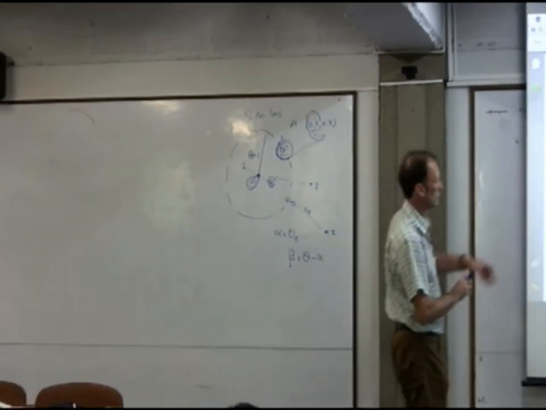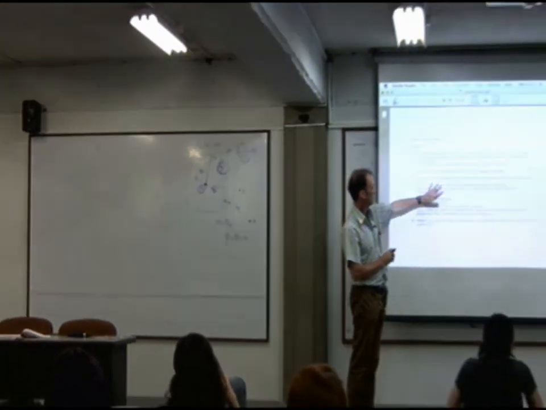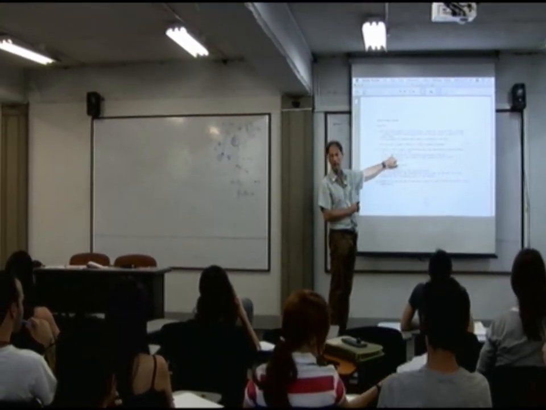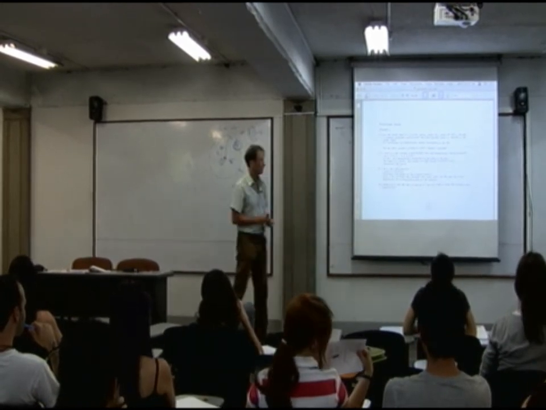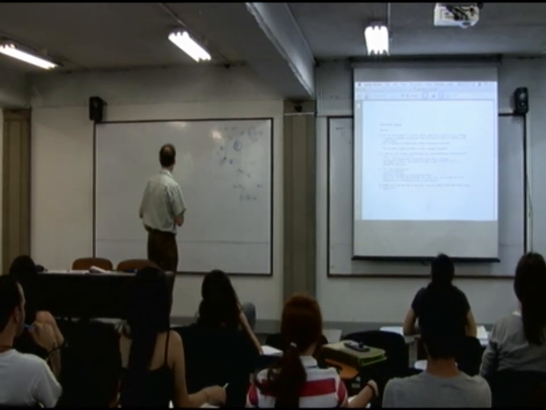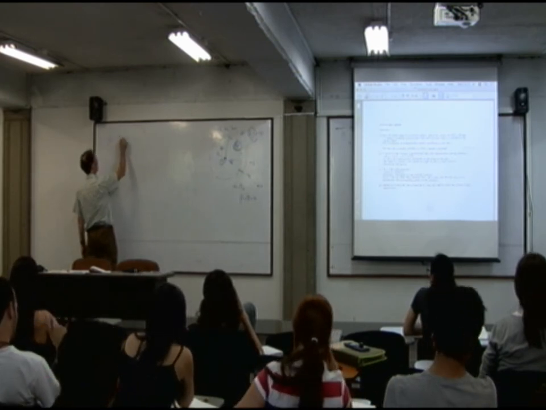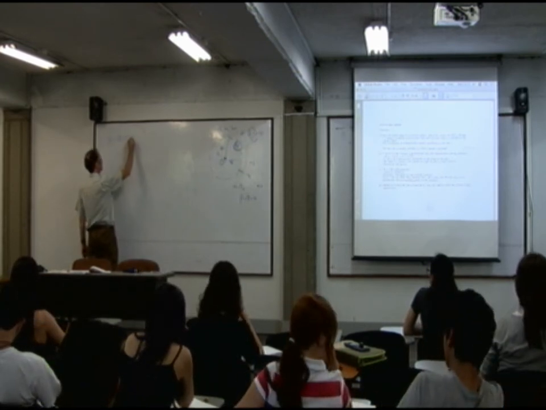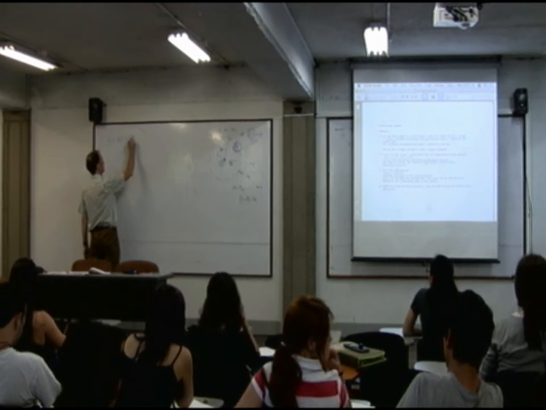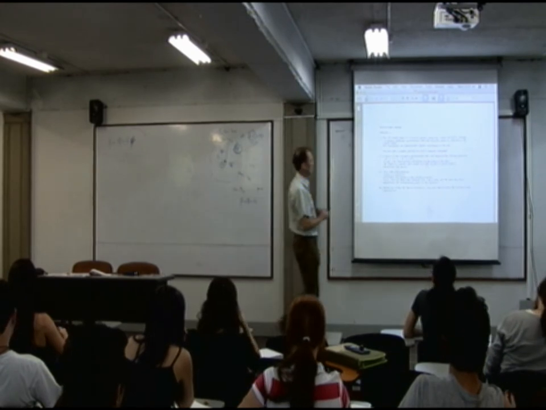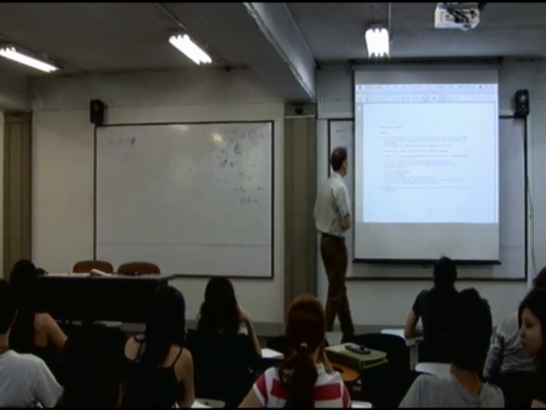Okay, the second question was a different lens. I gave you a potential which is slightly more complicated than what you have for a point mass or a singular isothermal sphere. This is really a direct application of the lensing equation: if I give you a lensing potential, the lensing angle is simply given by the gradient of the potential.